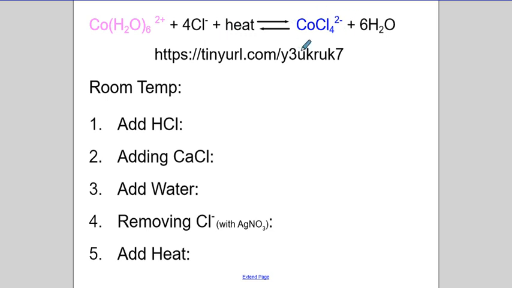So you can see it shift between pink and blue. So if you type in this tiny URL right here, it will pull up a YouTube video. We didn't make this YouTube video, I just found it because it does a really good job. This is all the stresses that he goes through in that video, so I definitely say watch that video. And you'll see the test tubes bounce back and forth between these colors as he does this stuff to it.